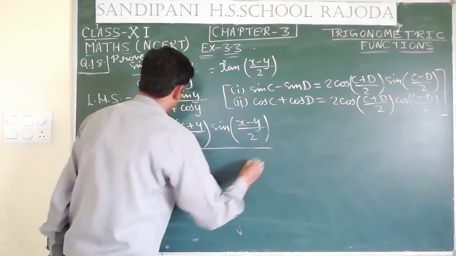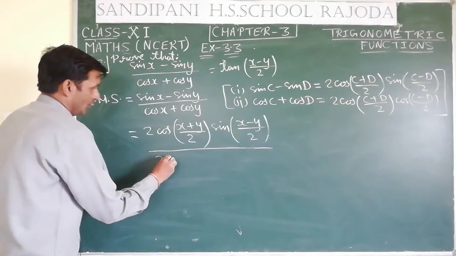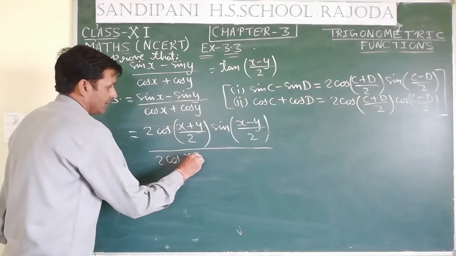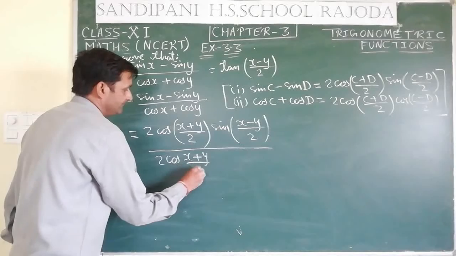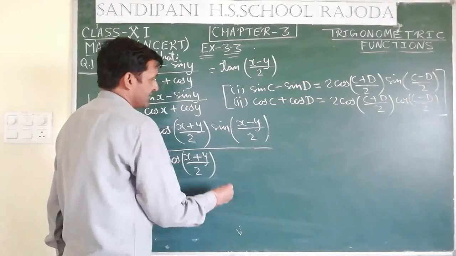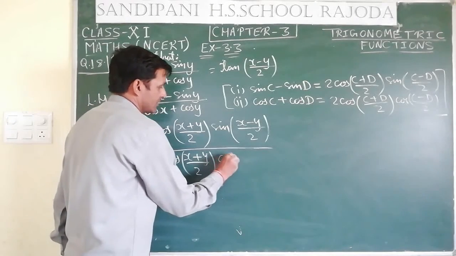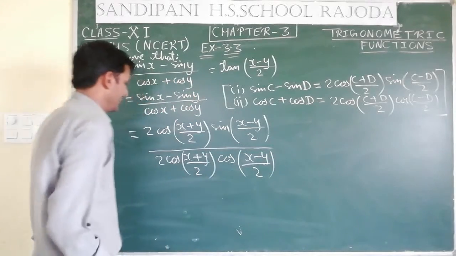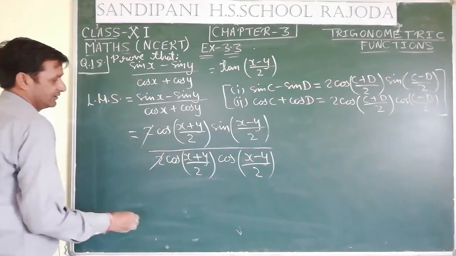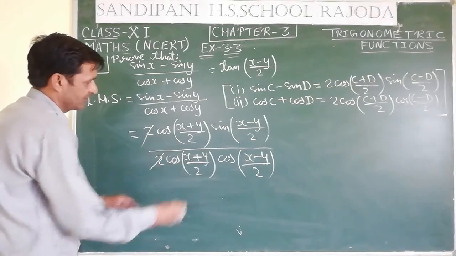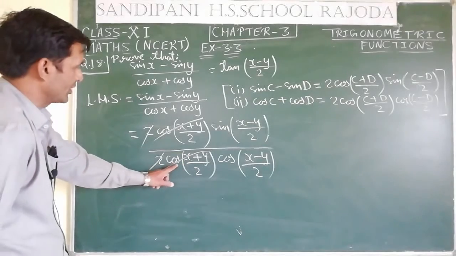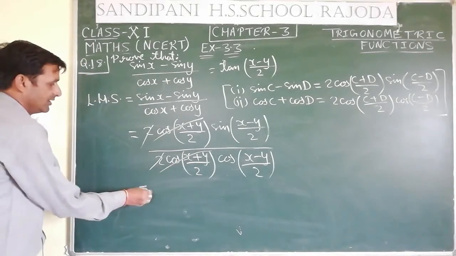Here in denominator 2 cos x plus y upon 2, and here it is cos x minus y upon 2. It is well clear that this 2 is cancelled. These are also similar terms, same term. So cos x plus y by 2 and cos x plus y by 2 is also cancelled.